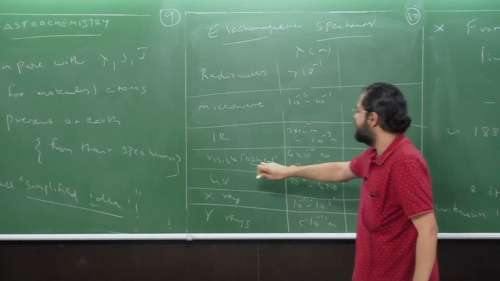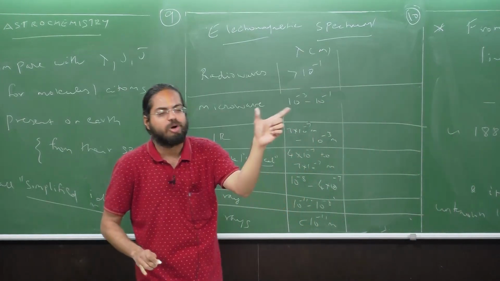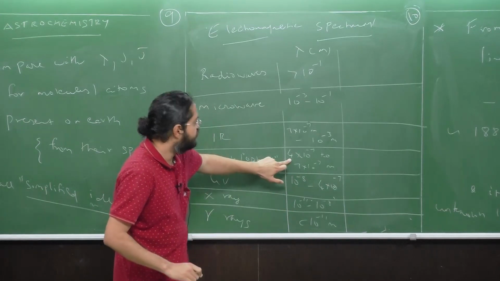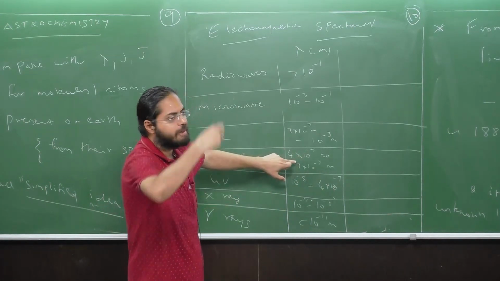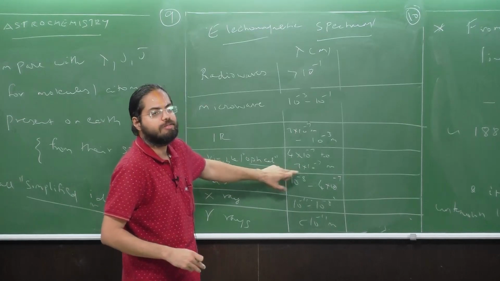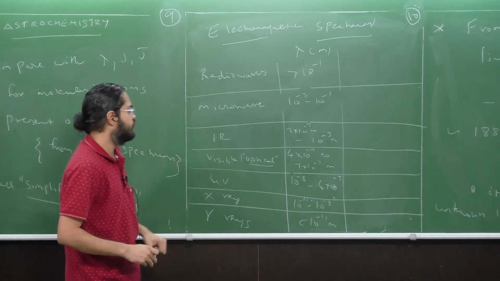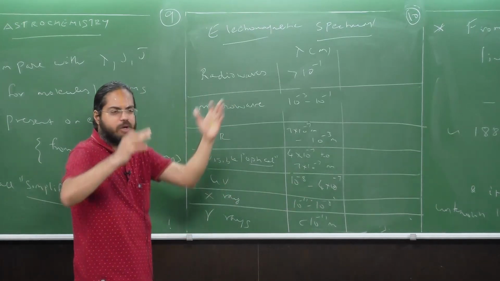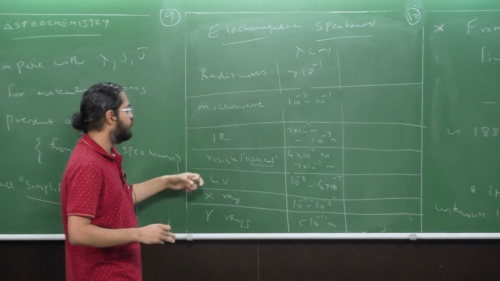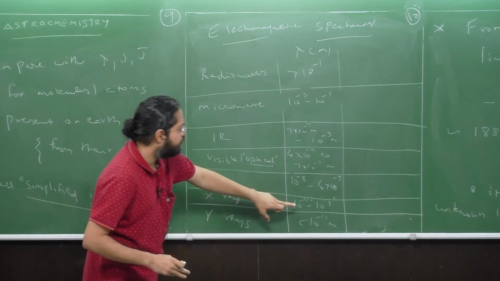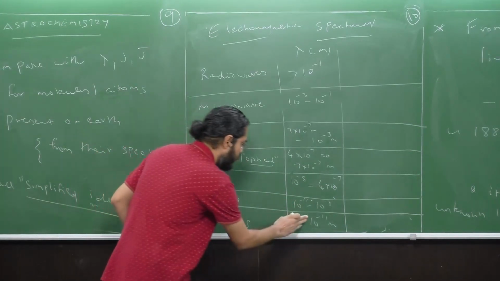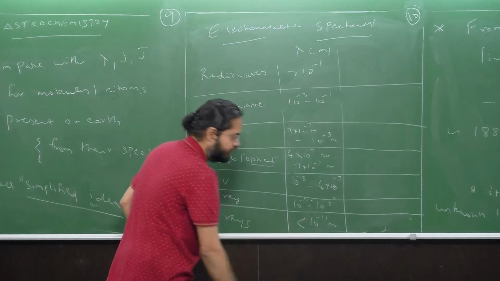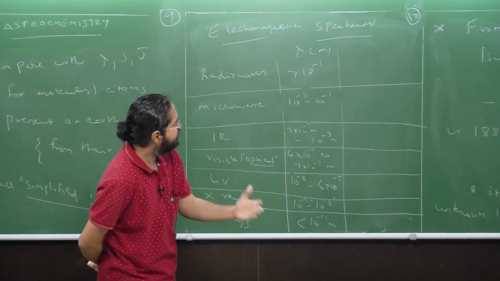Then the visible region is a very tiny fraction of approximately only 300 nanometers, 4 into 10 to the power minus 7 meters to 7 into 10 to the power minus 7 meters. The UV region ranges from 10 to the power minus 8 to a few hundred nanometers. And what follows, that is X-ray, all the way down to 10 to the power minus 11, and gamma rays, which is less than 10 to the power minus 11 meters. All right, are we good with this?